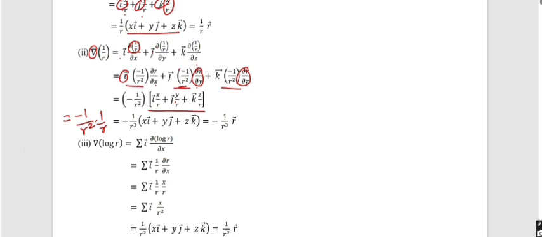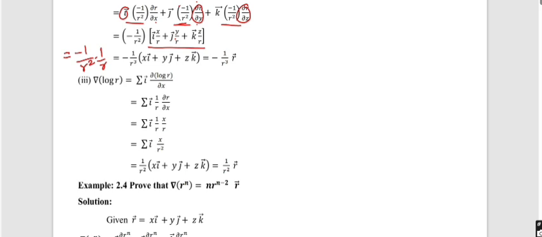In the same way we find del of log r. We know that del is i vector into ∂/∂x plus j vector into ∂/∂y plus k vector into ∂/∂z.